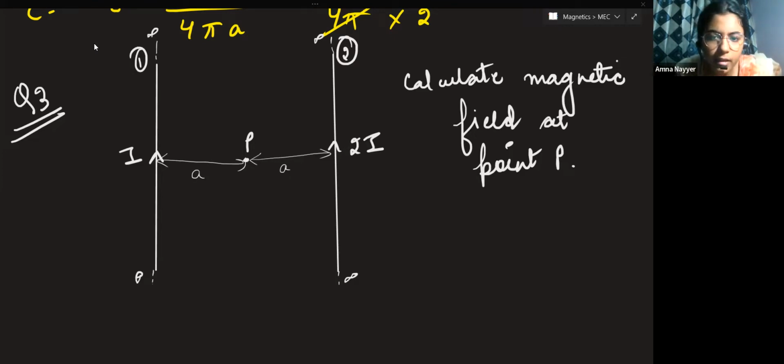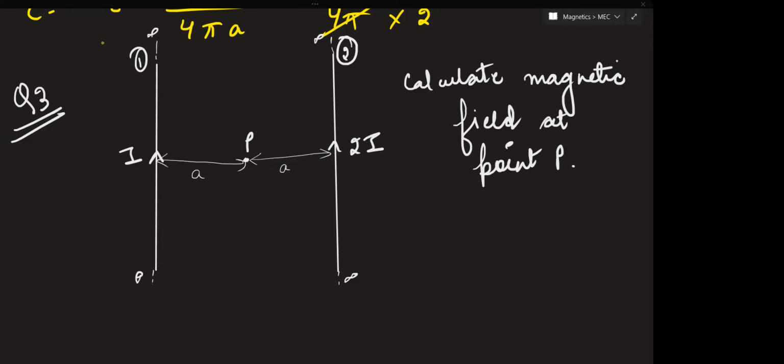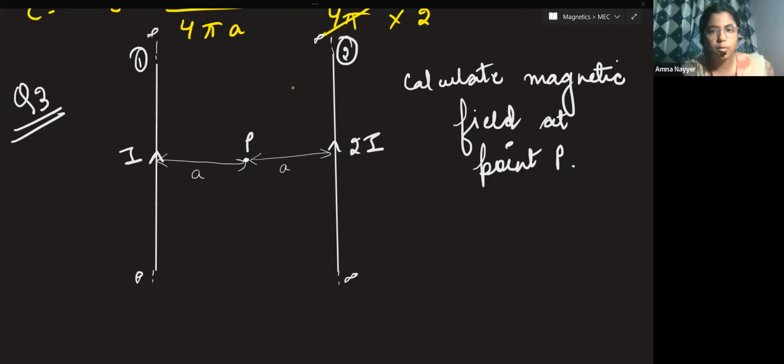Divided by A, no, Fatima, or multiplied by A? Just see. Pi into 10 to the power minus 7, 2I divided by A, I think it must be. All right. Okay, fine. Now let's discuss.